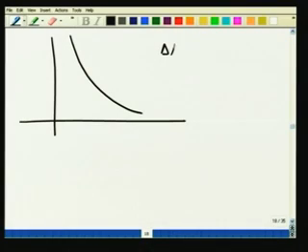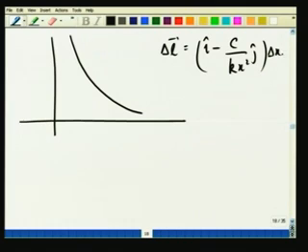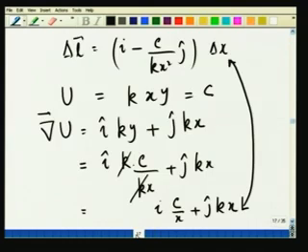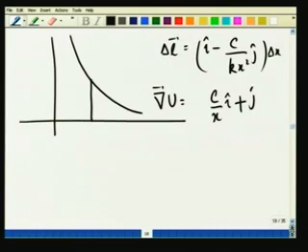So, I got delta L, which was equal to i minus c over k x square j delta x at a given point, and gradient of U, which was equal to c over x i plus j k x.